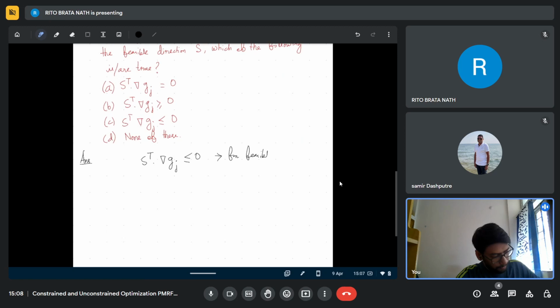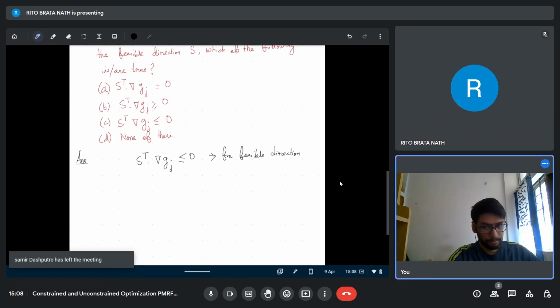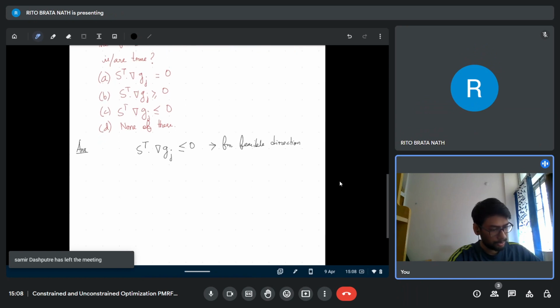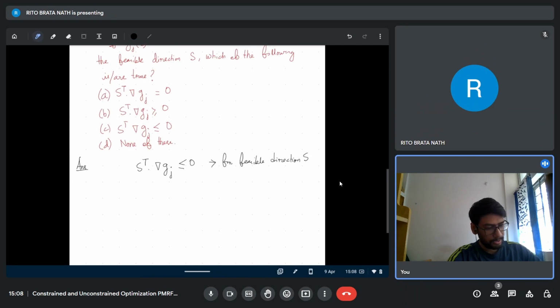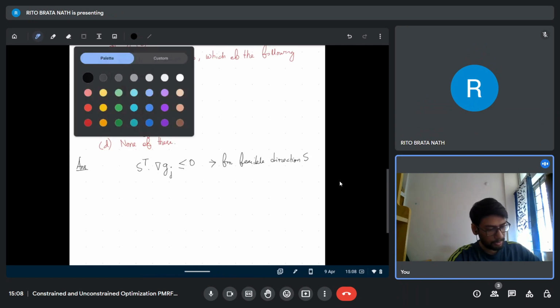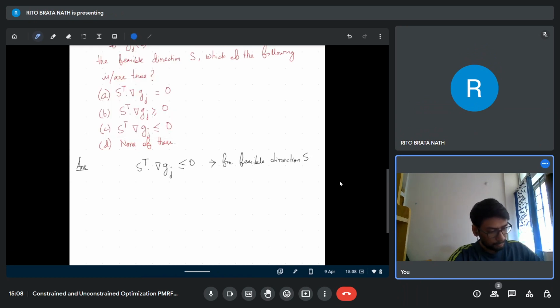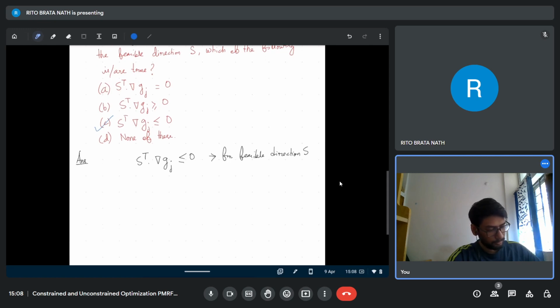Whenever we are trying to find the descent or ascent direction, we do this dot product with the gradient of the objective function. So this is for the feasible direction s, and the correct answer is option C.